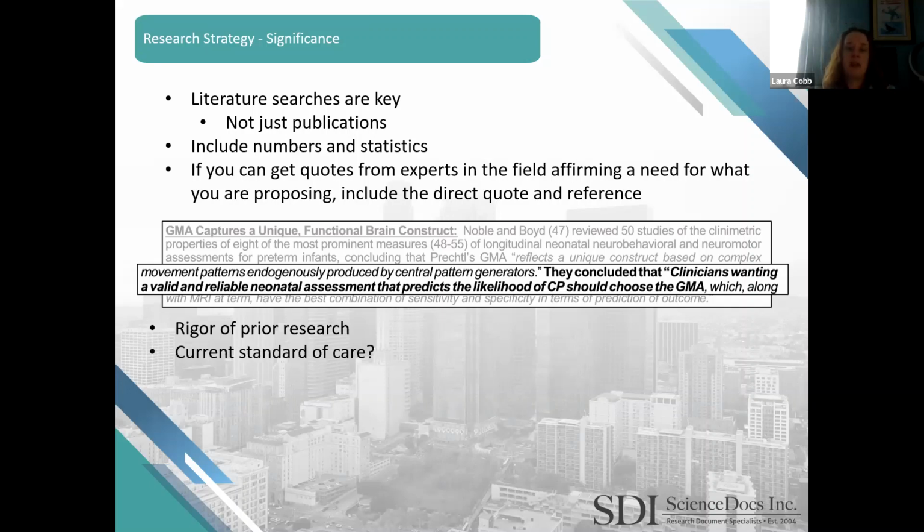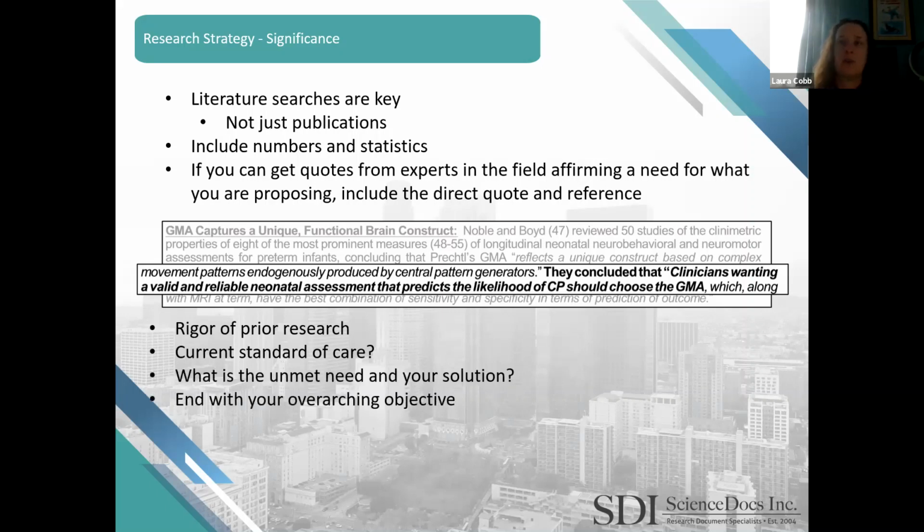Also, whether you're developing a drug, an app, a technology, or something else, what's the current gold standard or standard of care? What are the issues with that? Why does it need to be improved? How is your proposed solution going to bridge this gap to potentially solve the unmet need? And again, these are words that you really want to use in your proposal.